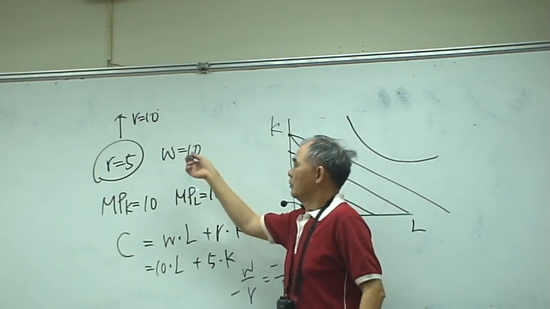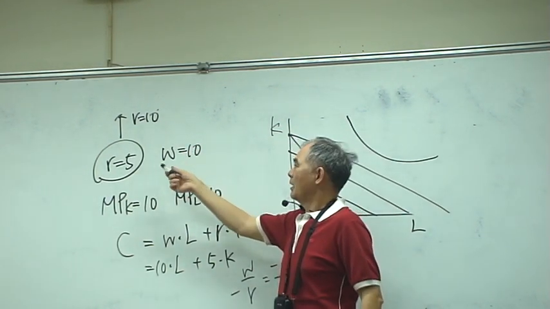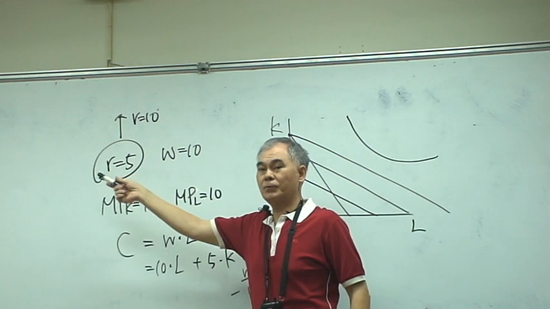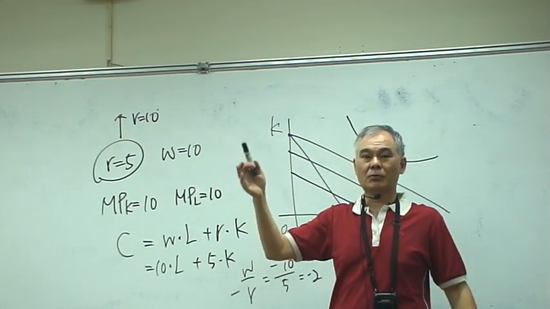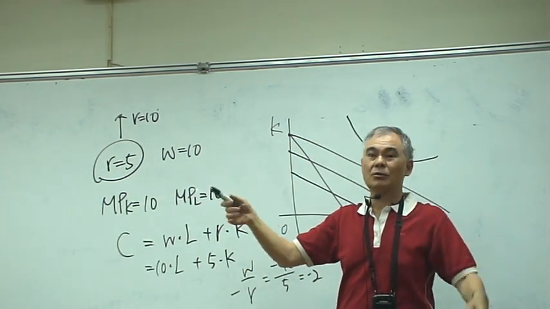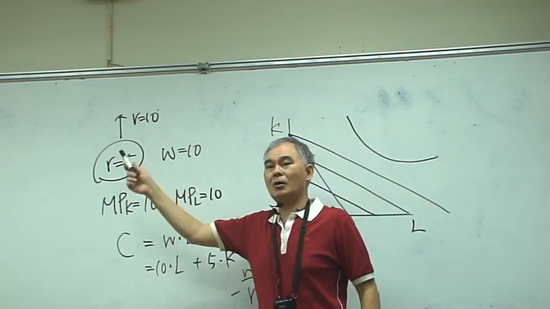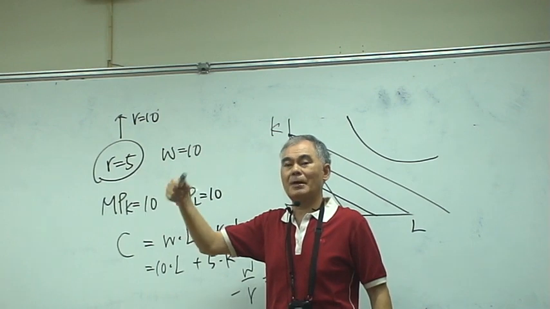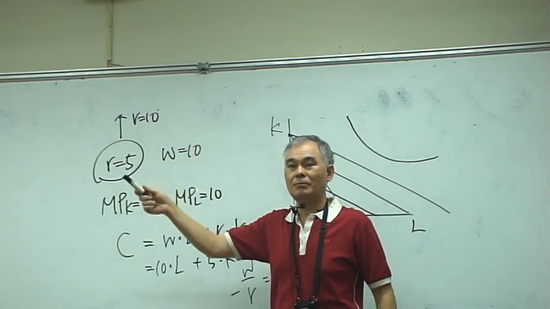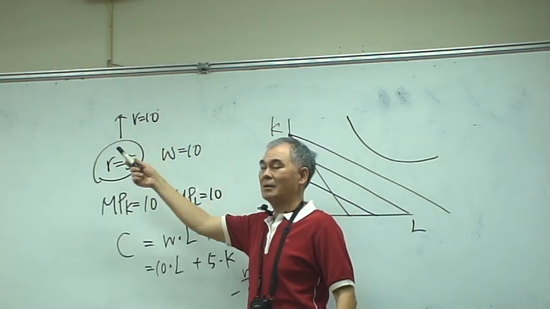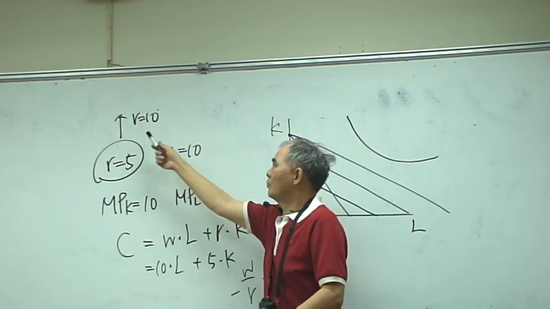So if the wage rate is equal to 10 and the price of capital is equal to 5, of course, what will you do? Just like Suellen said, you should use more capital, right? But if you use more capital, you have more demand for capital. What happens to the price of capital? Price of capital will go up, right?